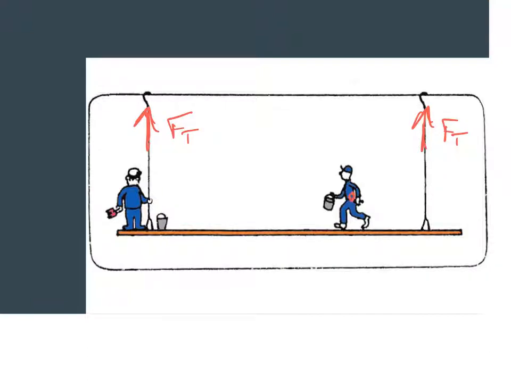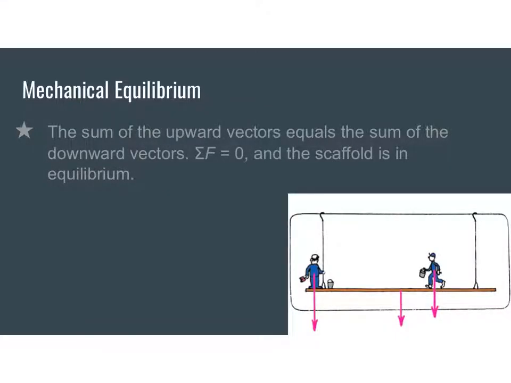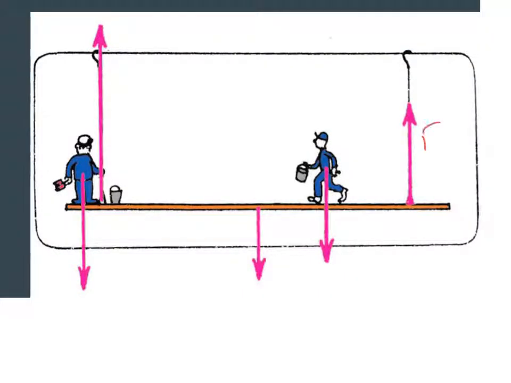Then we have the gravitational forces of our painters, and also the gravitational force of the plank itself. When we add all of these up, they're going to add up to 0 newtons. So we have our F T, F T, F G, F G, and F G, and our scaffold is in mechanical equilibrium.